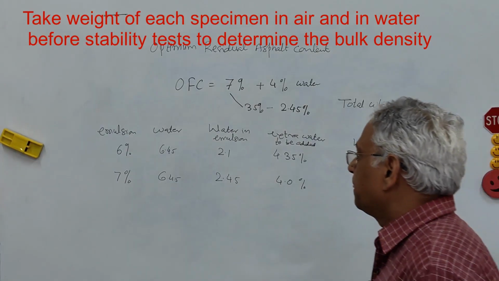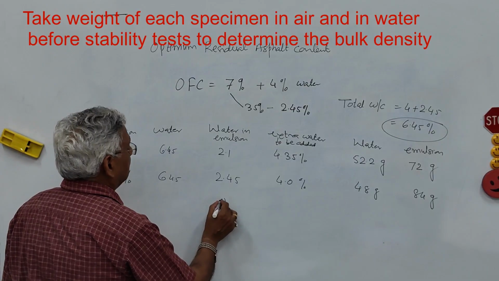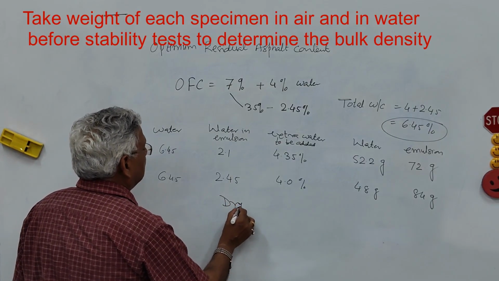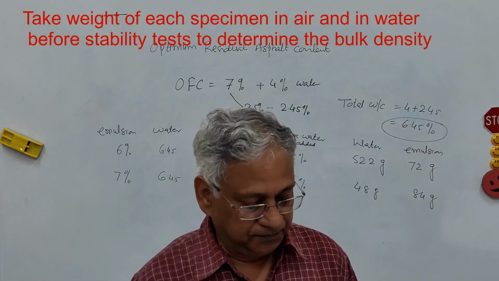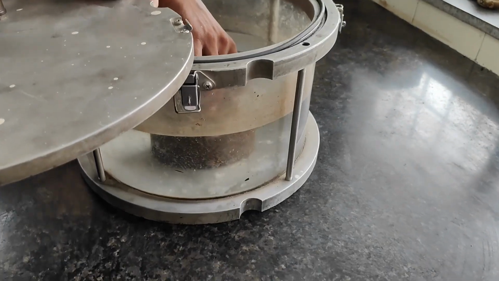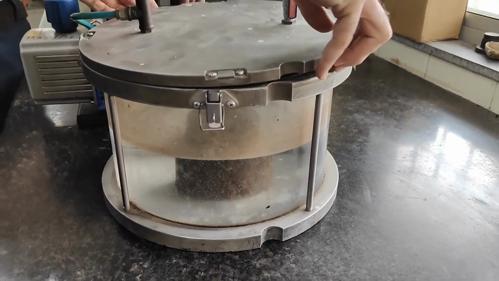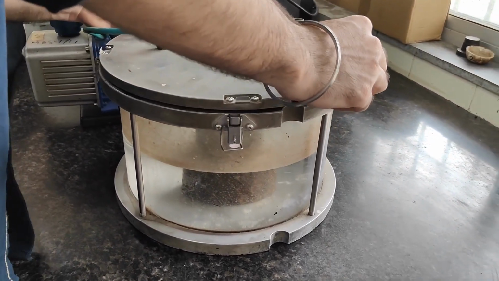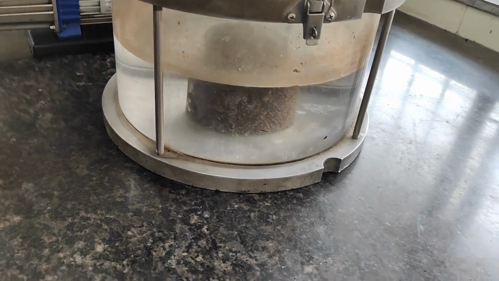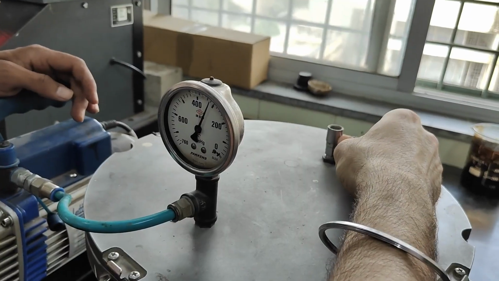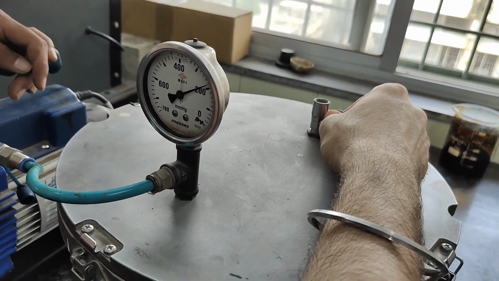Take the average of 3. That is the stability under dry conditions, or unconditioned sample. The second set of specimens is kept for vacuum saturation in a desiccator at 22.2 degrees centigrade, applying a vacuum pressure of 100 millimeter of mercury for 1 hour.